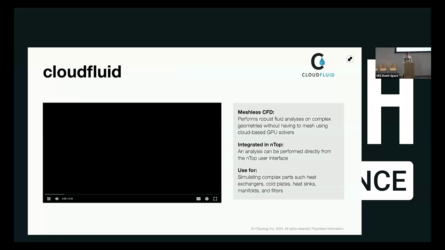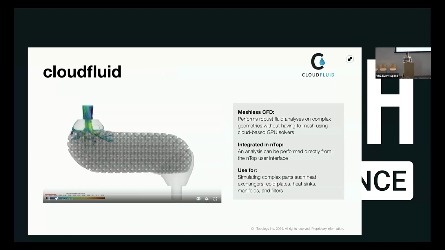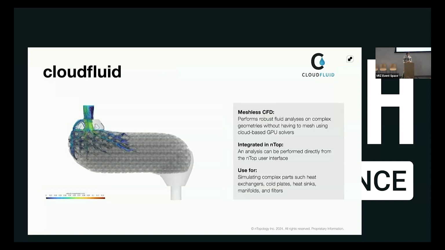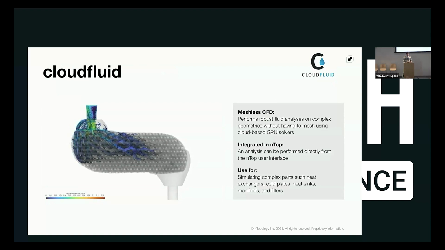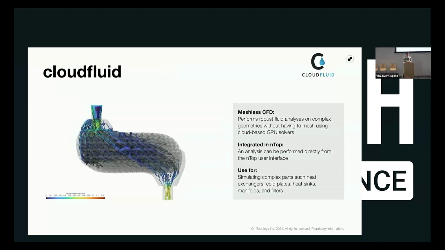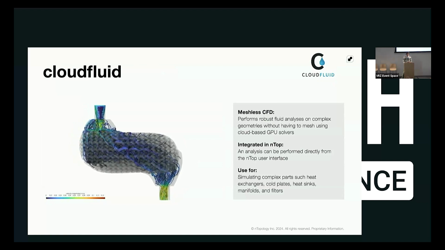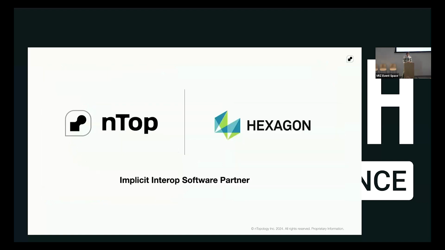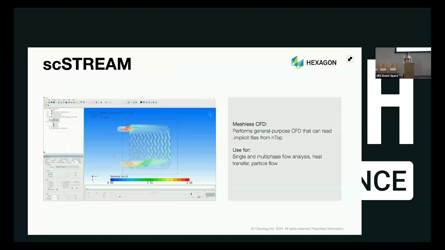Same with Cloudfluid, a good example of sending an nTop model with no discretization, no meshing into a fluid engine. This is used for heat exchangers and that type of machinery in an assembly. Also working with Hexagon, the same type of thing with simulation, meshless CFD.